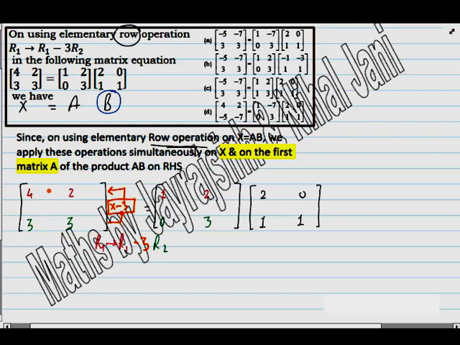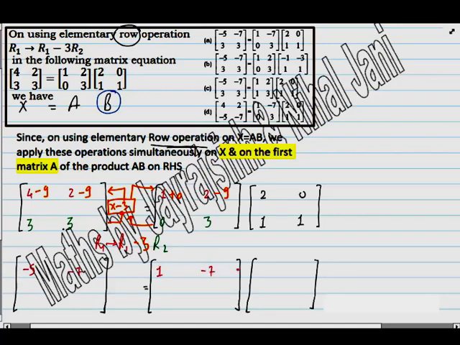So 3 minus 3 is a minus 9, again minus 9. Same thing on A matrix, 0 minus 3 is a 0, 3 minus 3 is a minus 9. So our matrix equation becomes minus 5, minus 7, 1, minus 7.